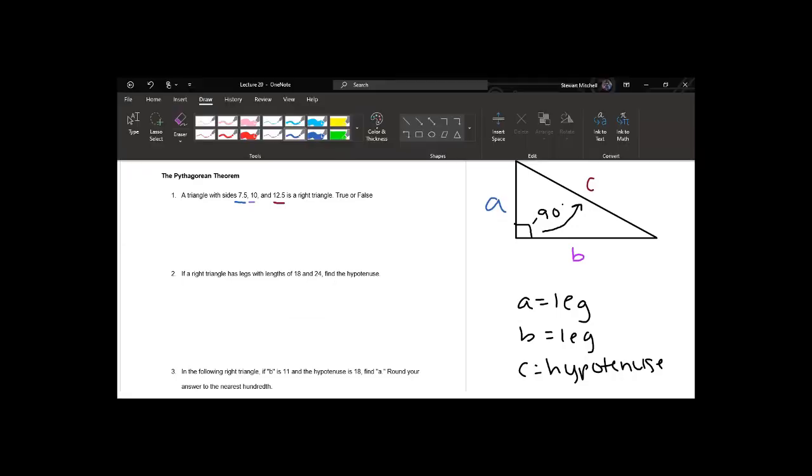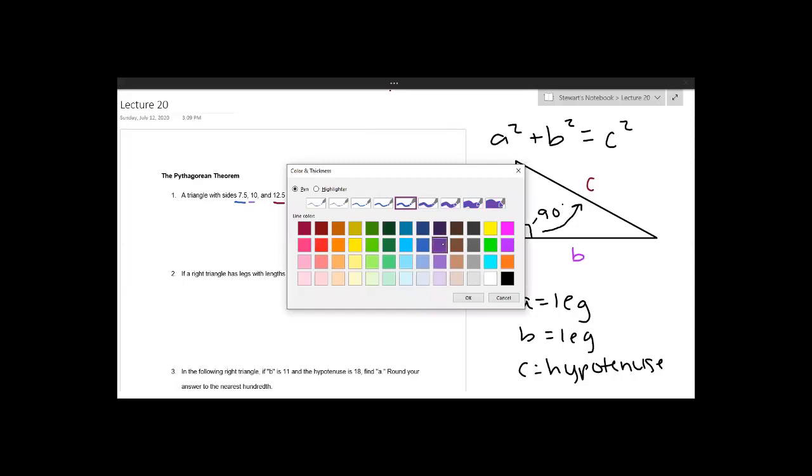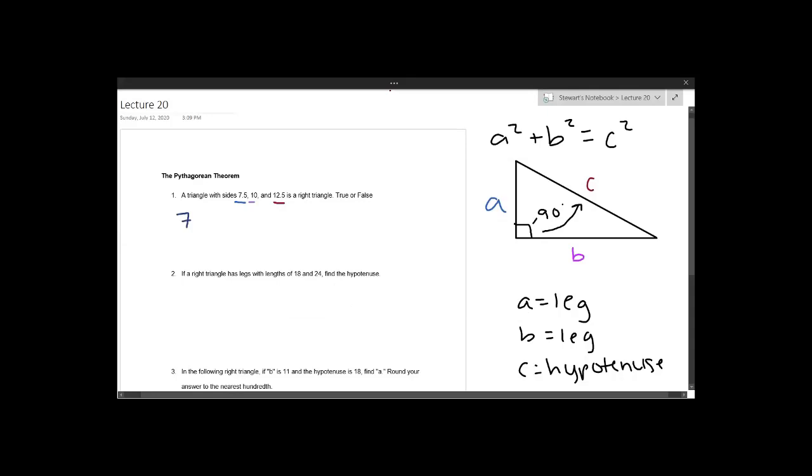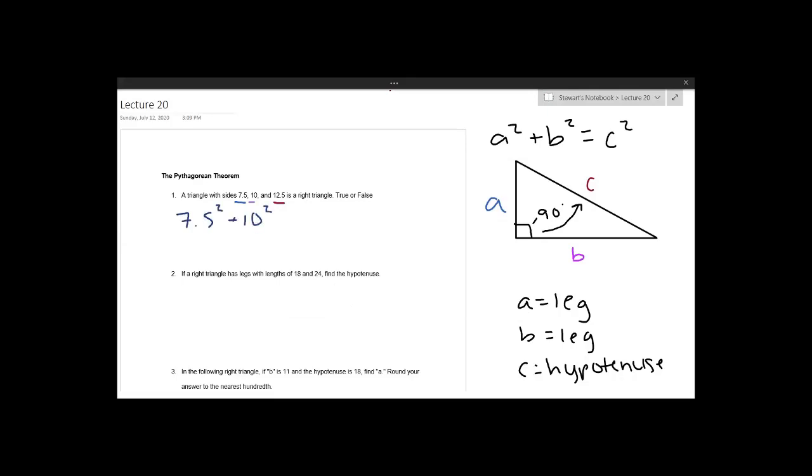Okay, so now what we need to do is use Pythagorean theorem. A squared plus b squared equals c squared. Well, we have then that 7.5 squared plus 10 squared, and we have to see, does this equal 12.5 squared? Okay, well, let's just see what this is. 7.5 times 7.5 is 56.25.